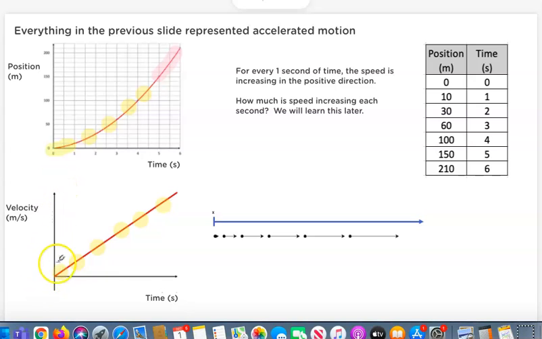And so our velocity time graph is a positive diagonal. The velocity, which is the y-axis, is increasing as time goes on.